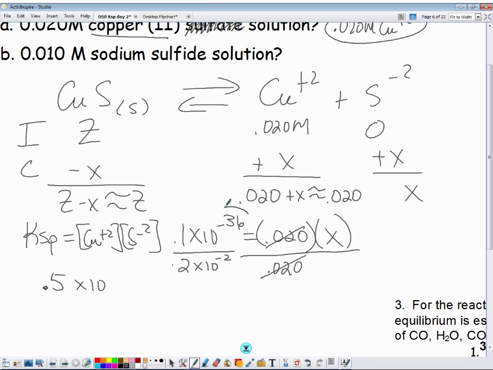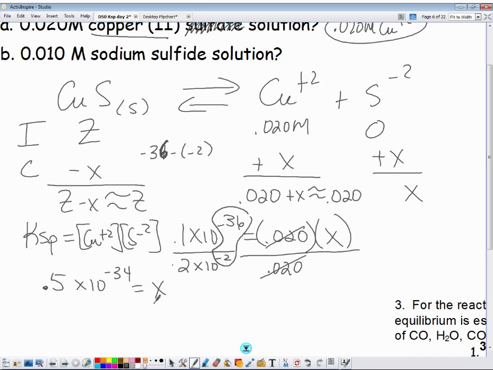What is 10 to the negative 36 divided by 10 to the negative 2? And if you don't know yet, remember it's negative 36 minus a negative 2. Sorry, I'm jumping you to the answer. Negative 34.